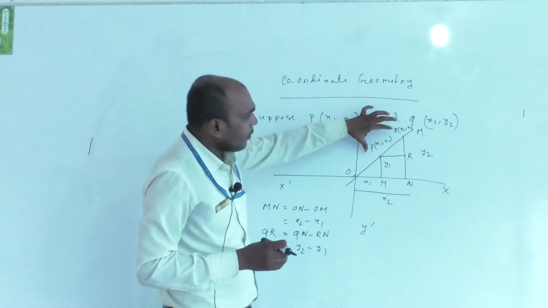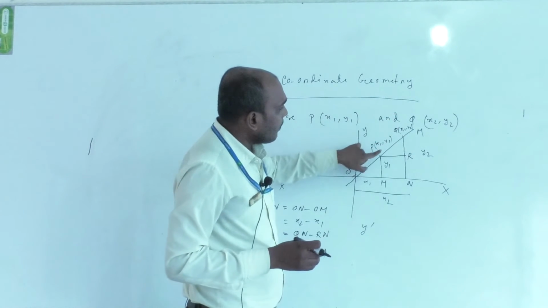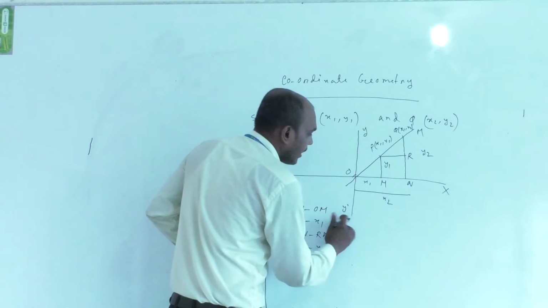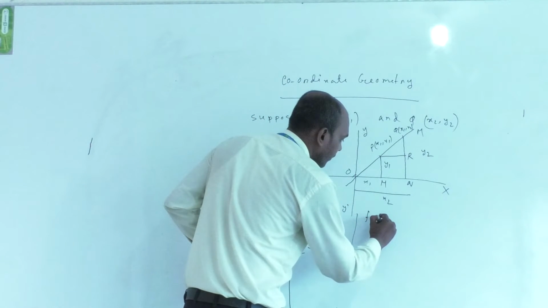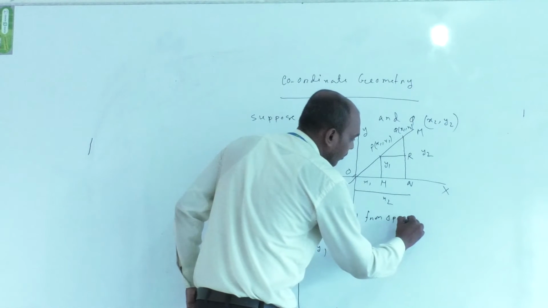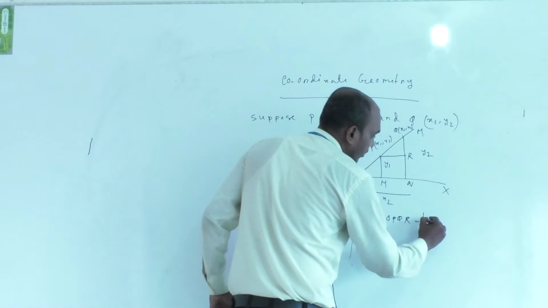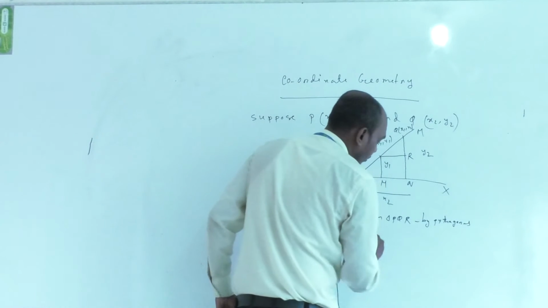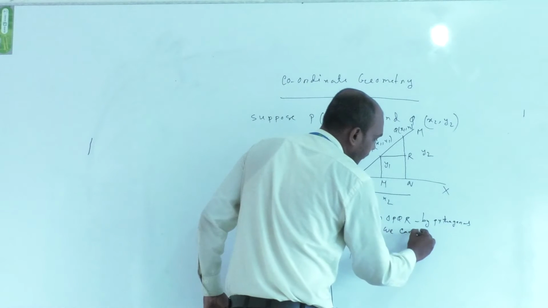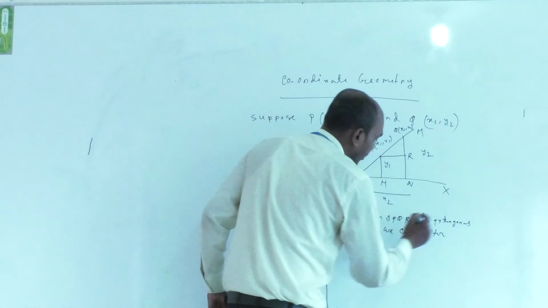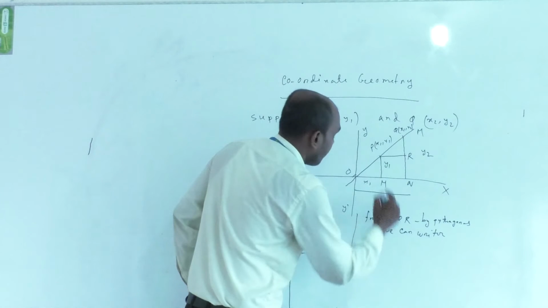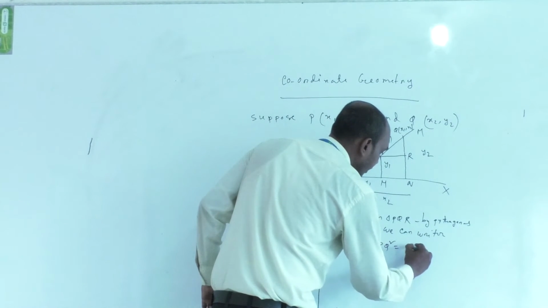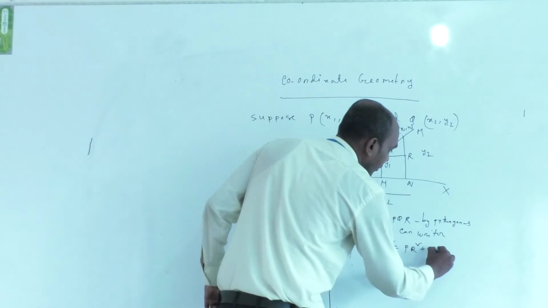Now from triangle PQR, by Pythagoras, we can write PQ square equals PR square plus QR square.